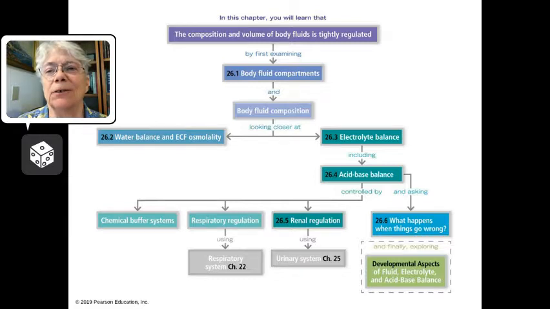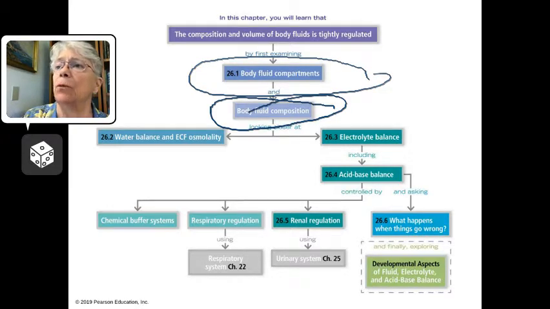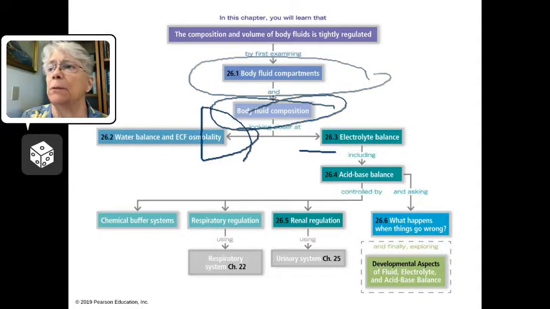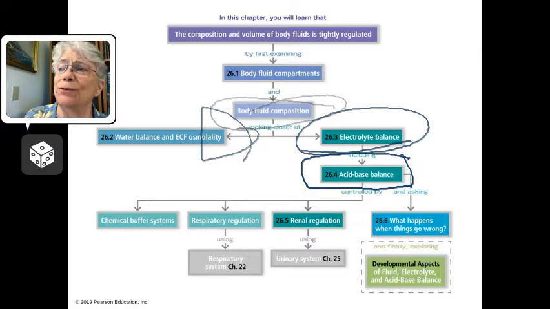We are going to take a look at mechanisms that will pull pieces together from both A&P 1 and A&P 2. We'll start by reminding you about those fluid compartments and what that fluid composition is. We'll talk about osmolarity, we'll talk about electrolyte balance, and that will take us to acid-base balance.